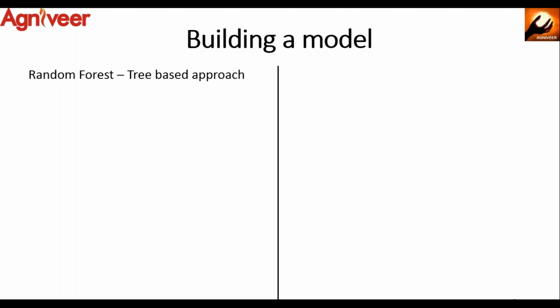Random forest is a tree-based approach. 500 trees are formed, and each tree will give a result. So 500 trees will give 500 results, and then a vote will be done. Let's say my first tree is suggesting that the person will default, the second tree is suggesting the person will default, the third tree is suggesting that the person will not default.